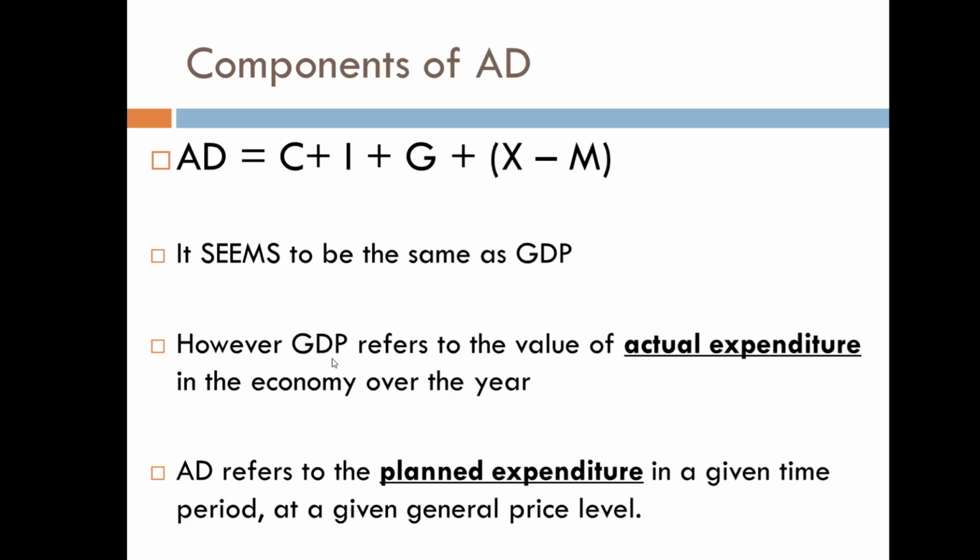So when they refer to GDP, that's the actual output, the actual expenditure that an economy has over a period. But the AD is just a plan. It's just a schedule. This is the difference that we always have to realize, and it is the same as what we can see from the micro demand and supply.